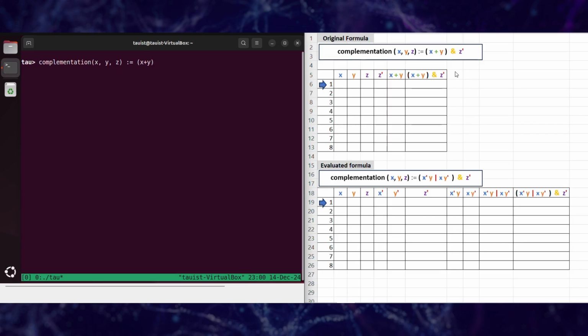Actually, we don't need to write the AND, but to clarify things, I'll just write it also. Anyway, this is the function first. So enter. Now you see after tau evaluates the logical expression, it becomes x prime y or x y prime and z prime.